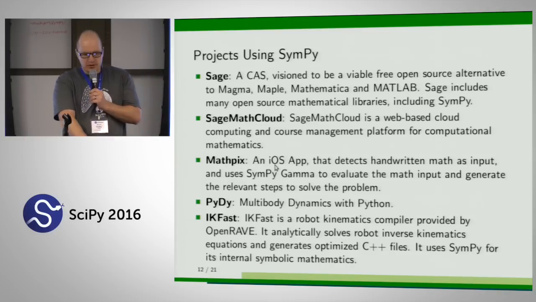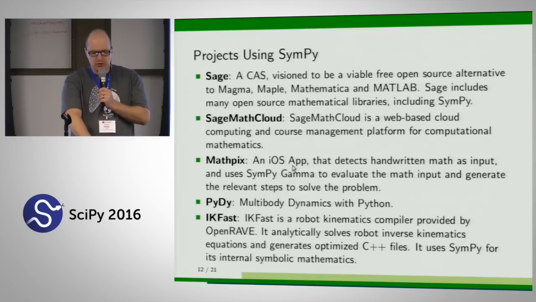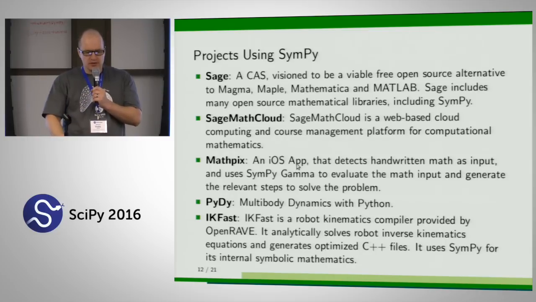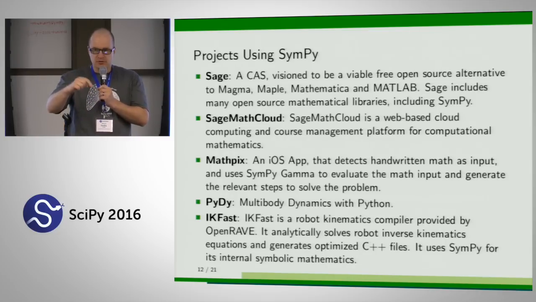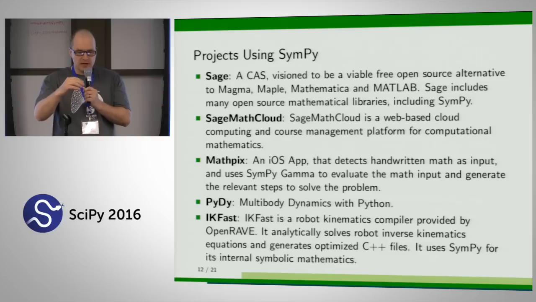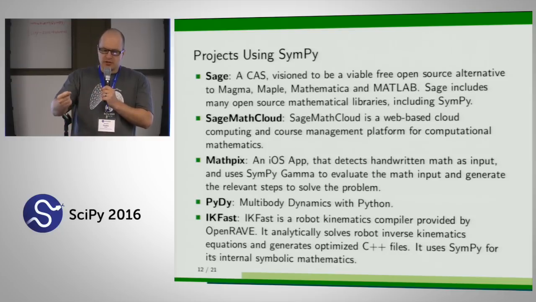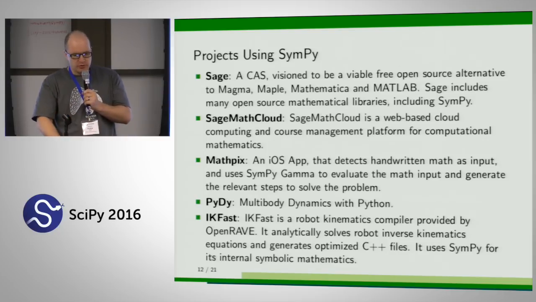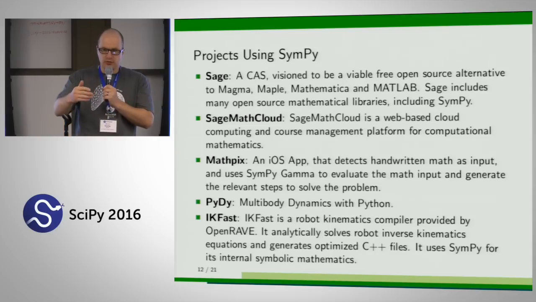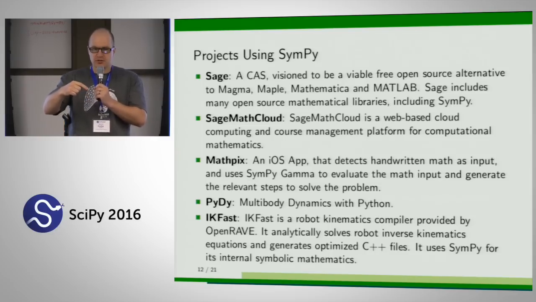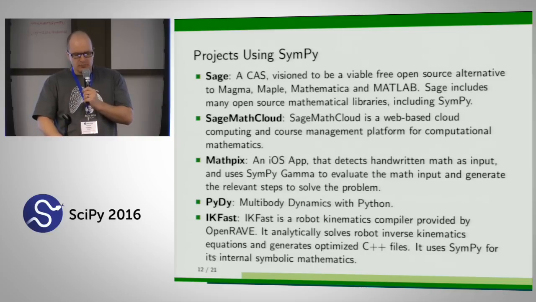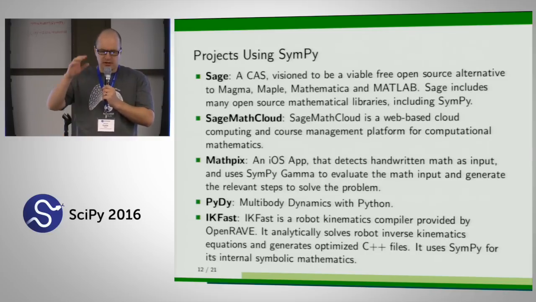MathPix is a really cool app, for now just for iPhones, where you can write handwritten math, snap a picture, and it's using some machine learning, I believe, to get a LaTeX representation of that handwritten math. And then they contributed to SymPy a module which takes the LaTeX and converts it to a SymPy expression, and then it's using SymPy Gamma, which is an online app, to which you give an expression.